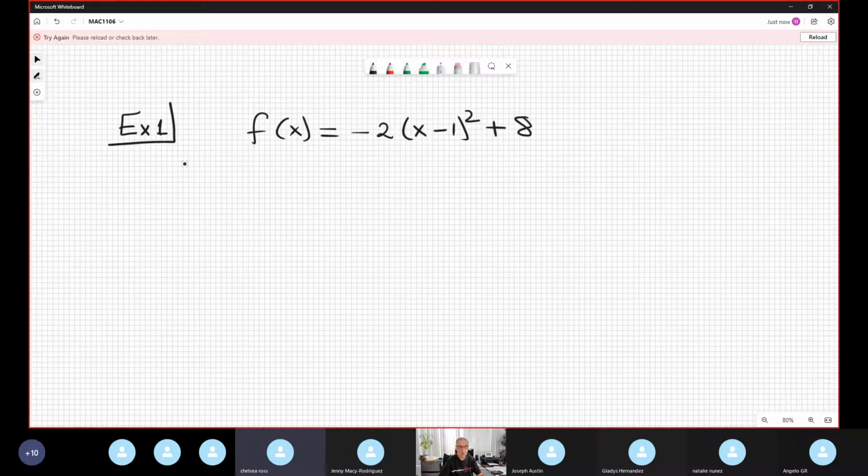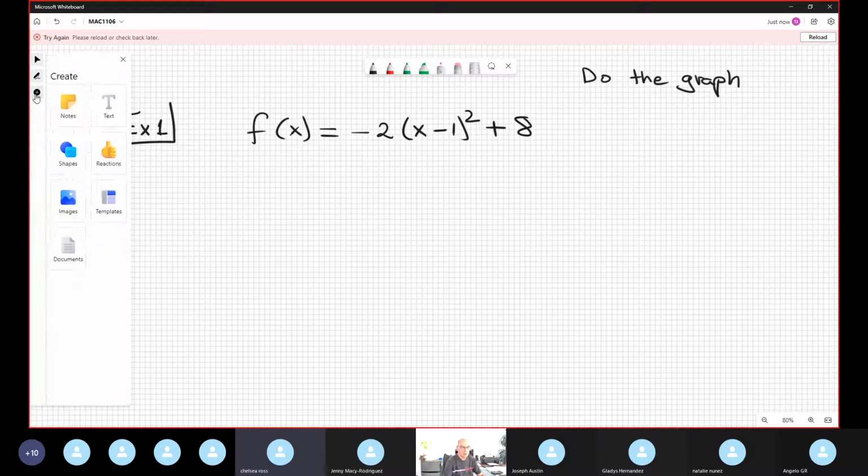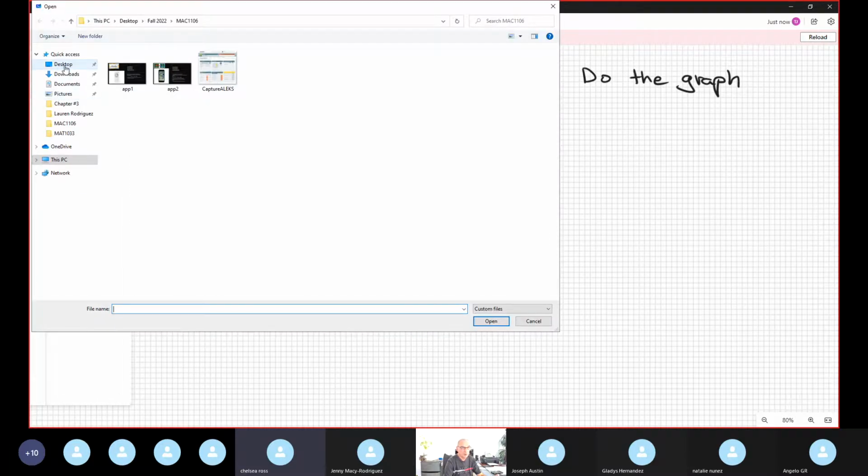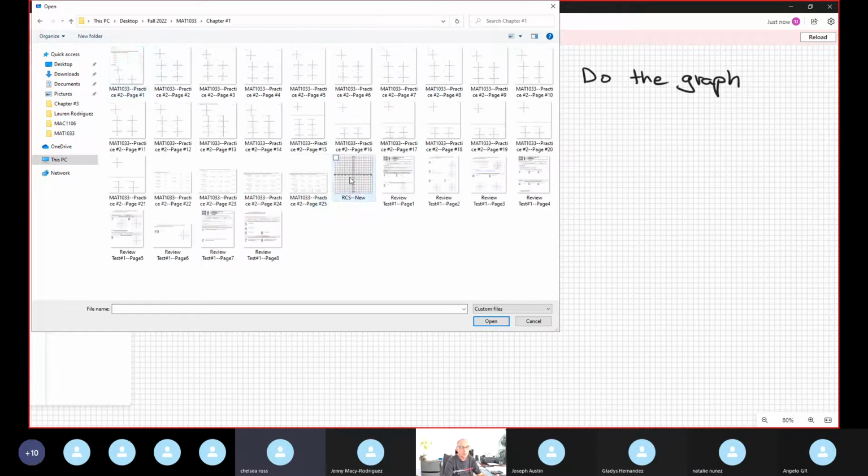Okay, it's given. What's the question? Do the graph. Okay, then for doing the graph, I need paper or Desmos. Let's do them both. But no, okay. We need paper.